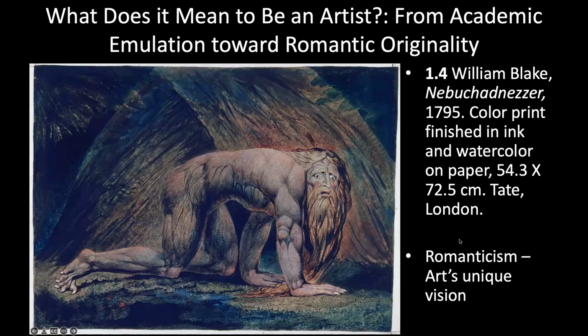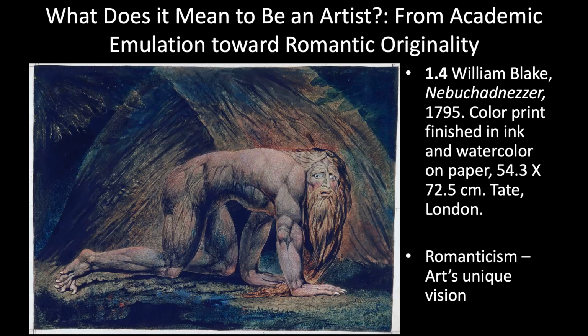And as you might also expect, artists would be not so happy with that. So some artists, especially beginning in the 18th century, began to think about how they could change things, do things a little bit differently. So what does it mean to be an artist, from academic emulation, so copying, toward romantic originality?